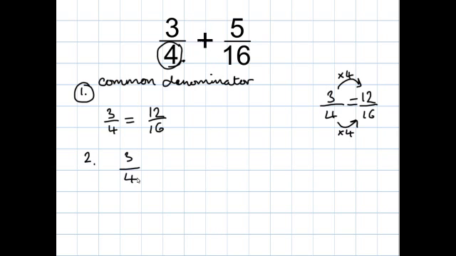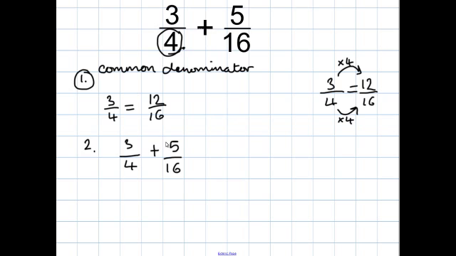Now my next step is I'm going to rewrite this calculation, but I'm going to change the 3/4 for its equivalent with a denominator of 16. So instead of 3/4, I'm going to put in the new one, which is 12/16, and I'm adding. I don't need to change the second one because it's already got a denominator of 16.